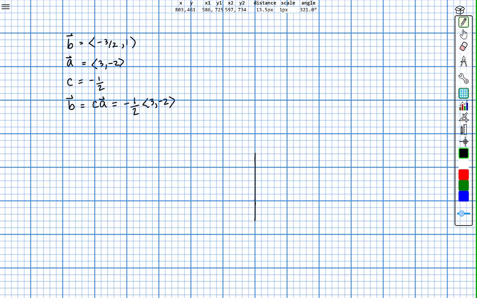So I will choose a rectangular coordinate system. The vertical axis is the y-axis. The horizontal axis is the x-axis. My scale will correspond to 5 divisions is equal to 1 unit.